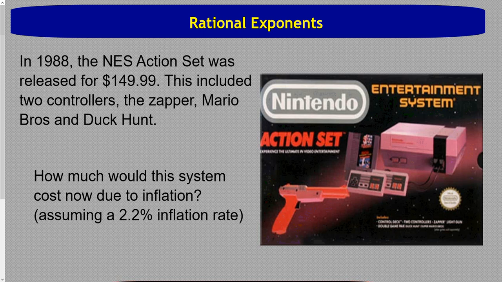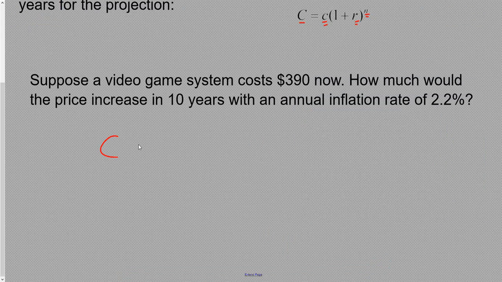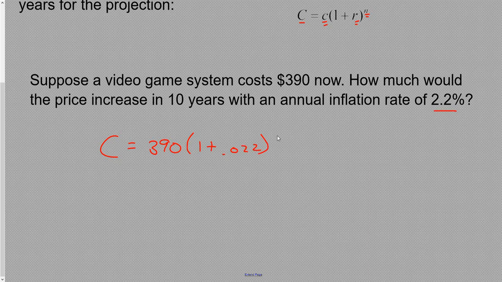So video game costs $390 now. How much would the price increase in 10 years? So the future cost, I don't know. Current cost is $390, times 1 plus the rate of inflation. Now we got to change that to a decimal, so that's 0.022 in 10 years. So get your calculator out. This is 390 times 1.022 to the 10th.